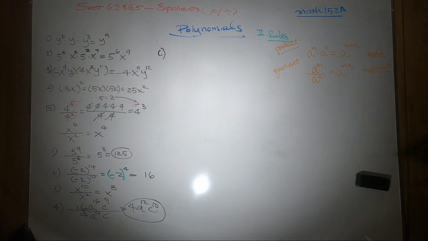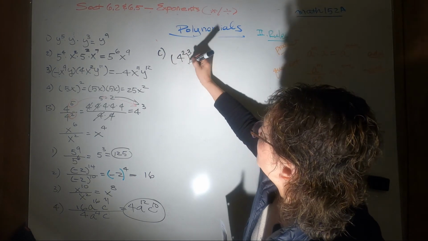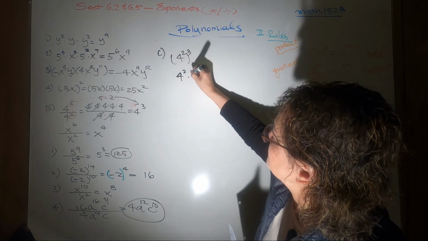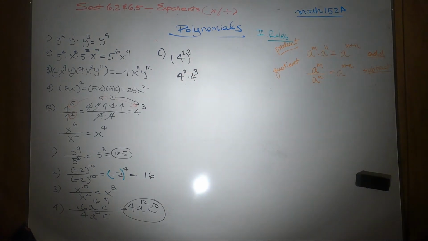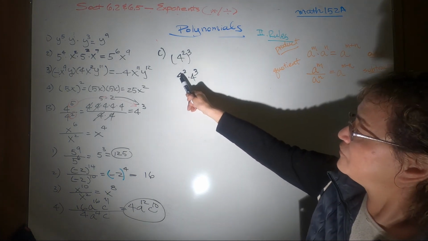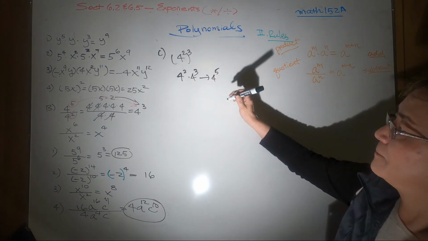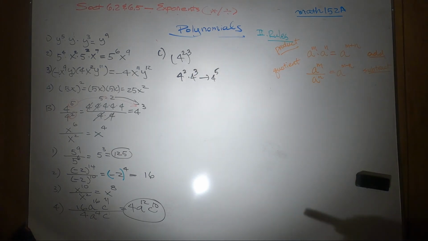If I have this situation, 4 squared to the 3rd power, which is different from those, right? This one is individual, it's 2 of them and 3 of them. This one you will have what? 5 of them. But this one is different. This one is what?